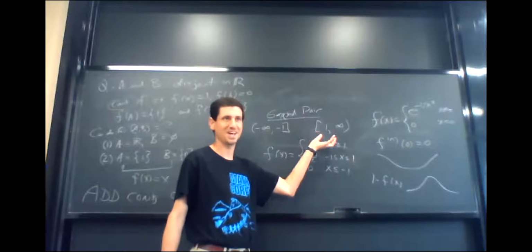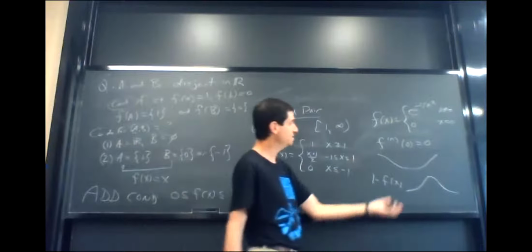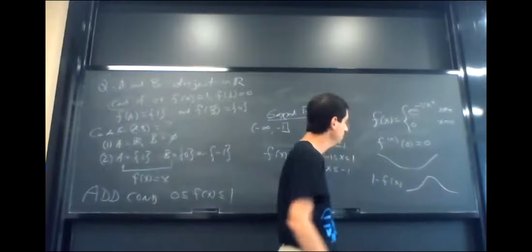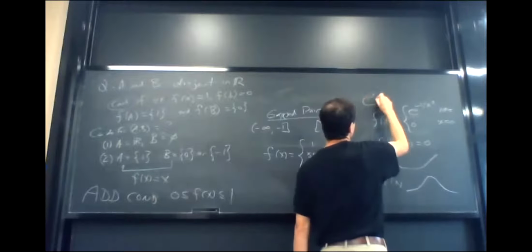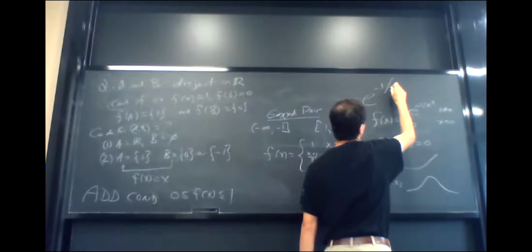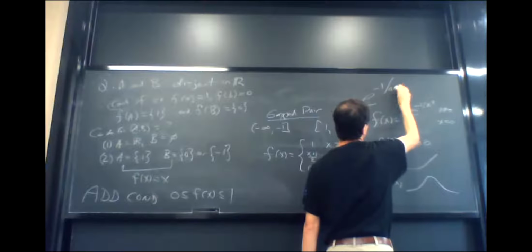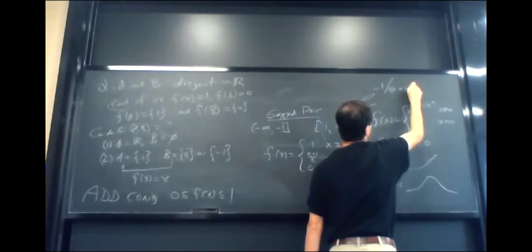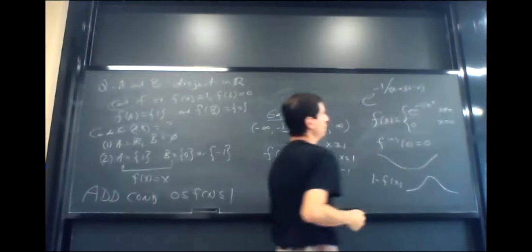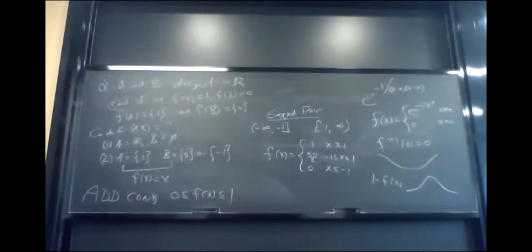Your function actually satisfies that. This is a really nice function to be aware of. This is a generalization, e to the negative 1 over (x minus a)(b minus x). That's a great function to look at, or 1 minus that.